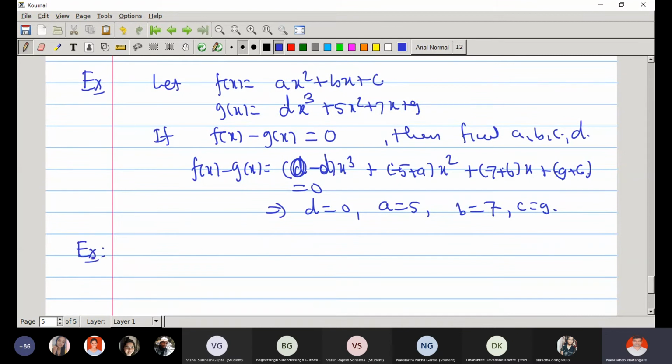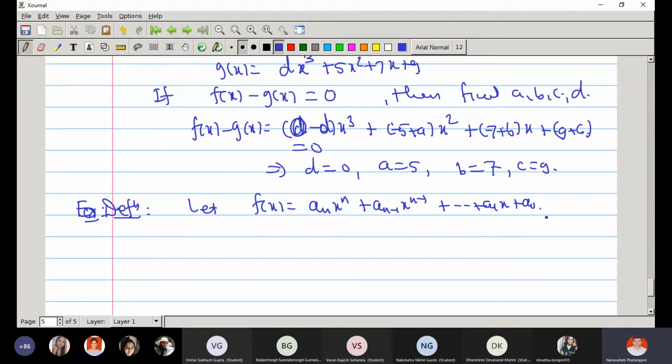So let f(x) be equal to a_n x raised to n plus a_(n-1) x raised to n minus 1, up to a1 x plus a0. If a_n is non-zero, then the degree of f is n.